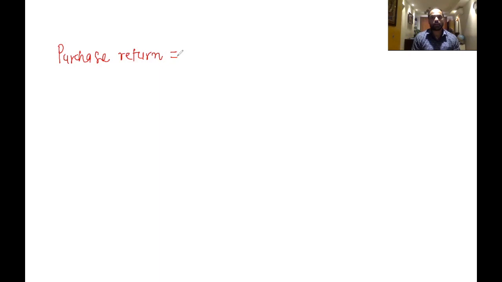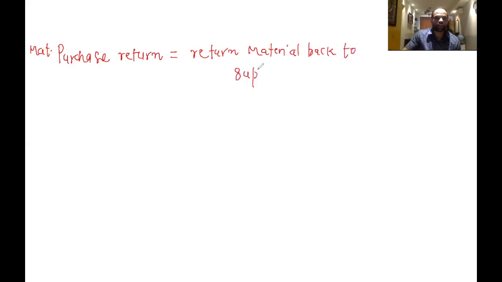So cash will be debit, and credit is material purchase return. So you return material back to the supplier. That's called purchase return, right?